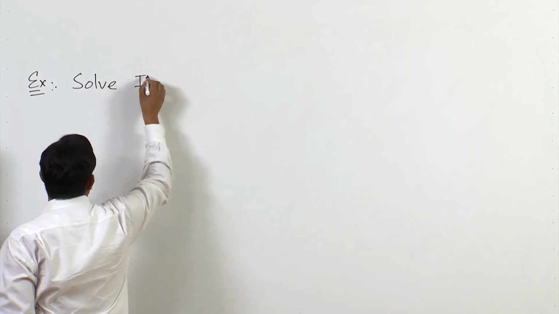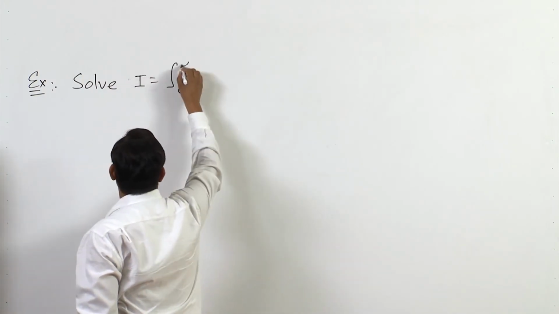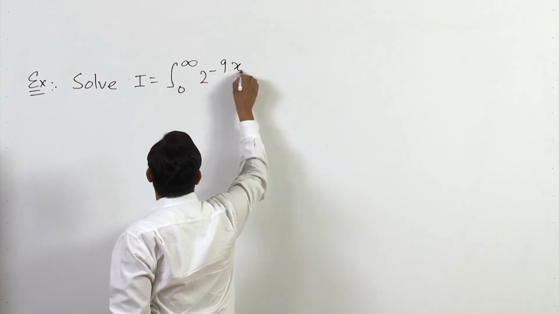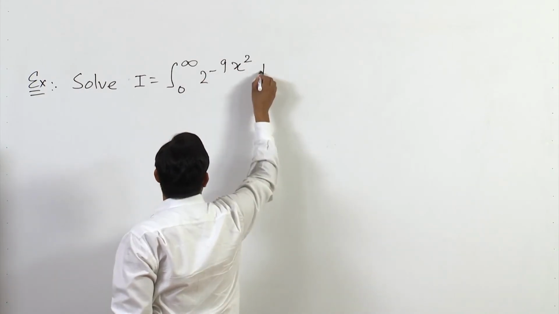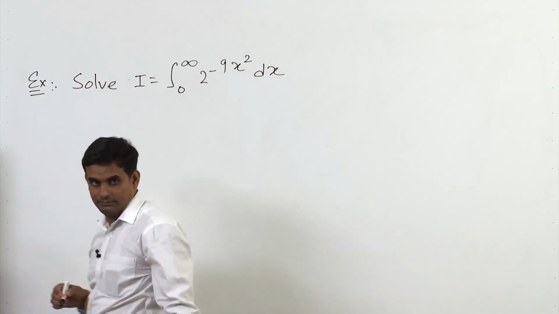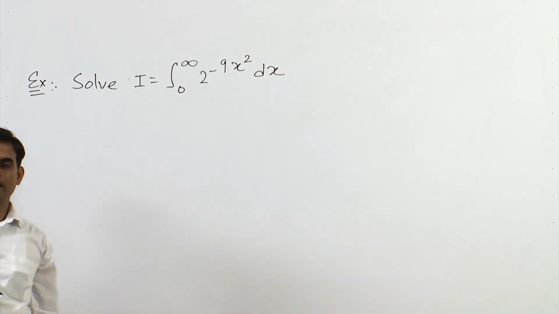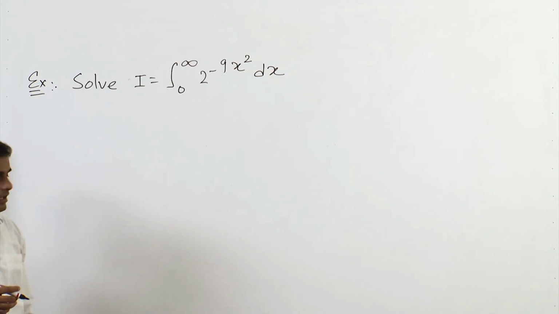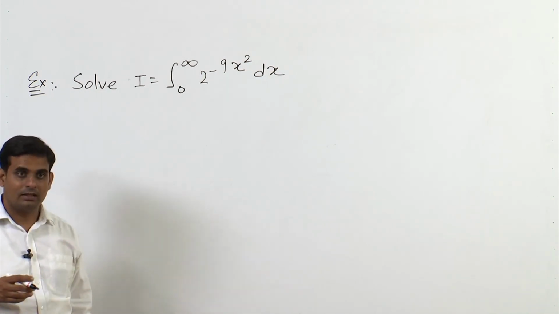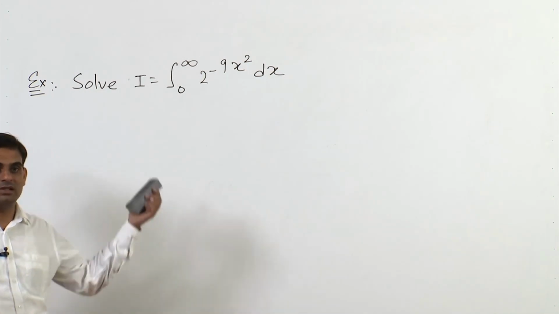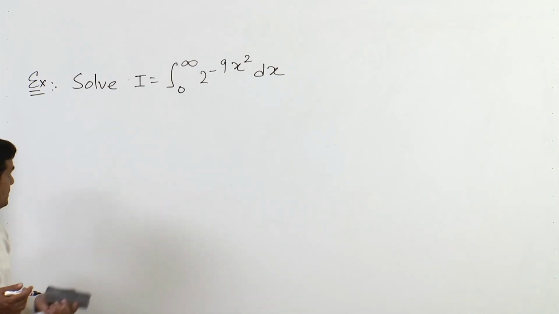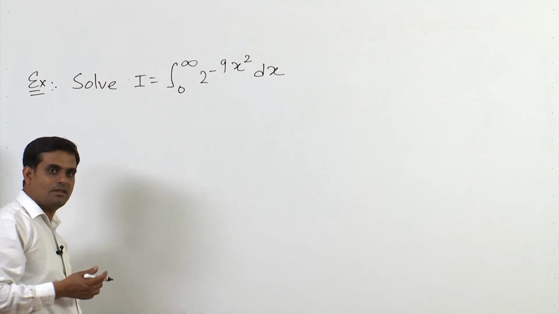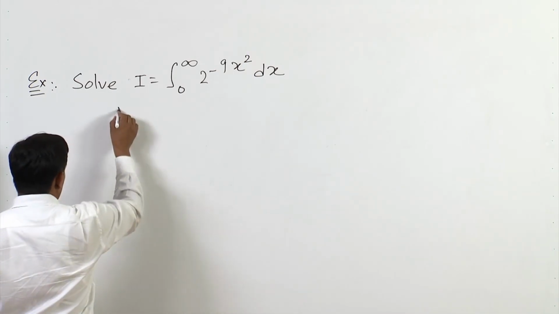Solve the integral I equals to ∫ 0 to infinity 2 raised to power minus 9 x square dx. So, this is a bit difficult example if we see here, because what sort of substitution can we make here, but let us use the property of gamma function here.